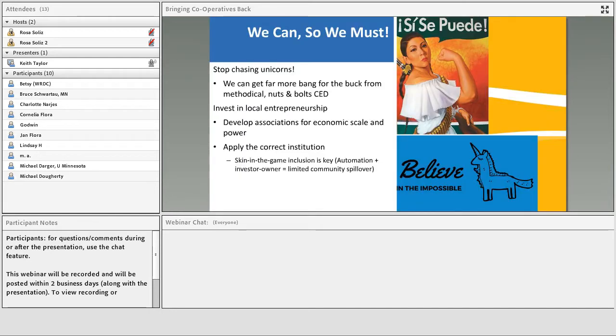So one of my favorite sayings in this is that we can, so we must, and this comes from Eleanor Ostrom, the Nobelist in economics from 2009. She was kind of taking on individuals that were saying that everyday folk can't come together and develop these sophisticated enterprises.